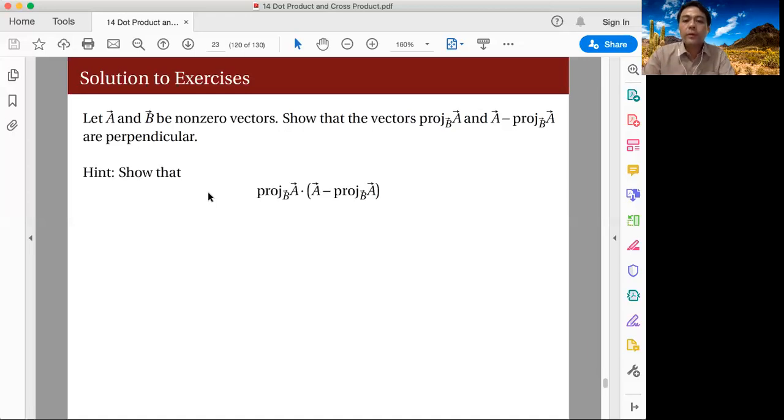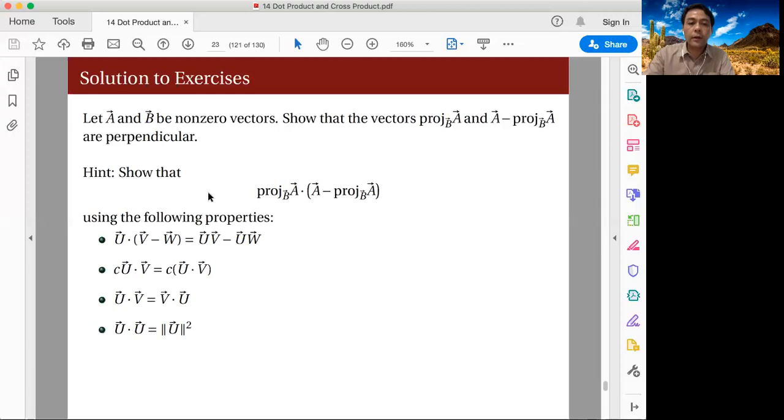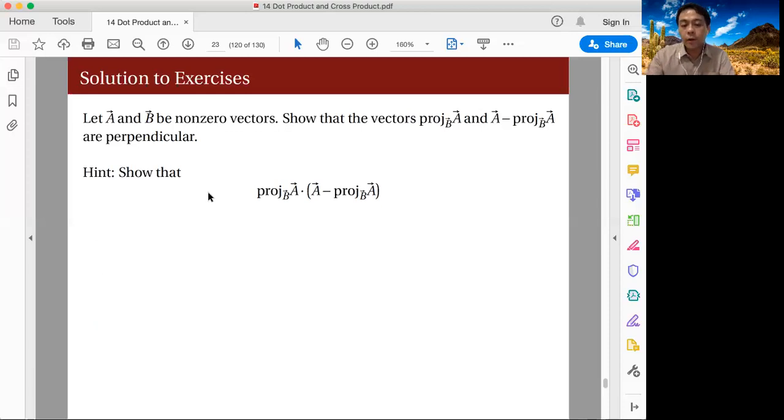You must show that the dot product of the projection of A onto B and A minus the projection of A onto B is 0. I forgot to put the 0 there. This should be equal to 0. Okay?